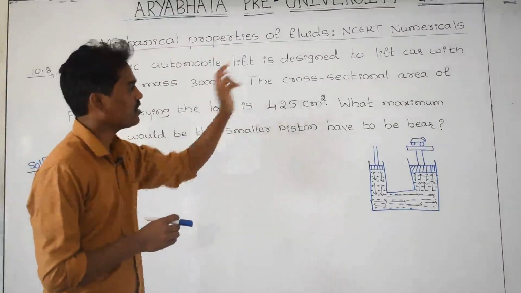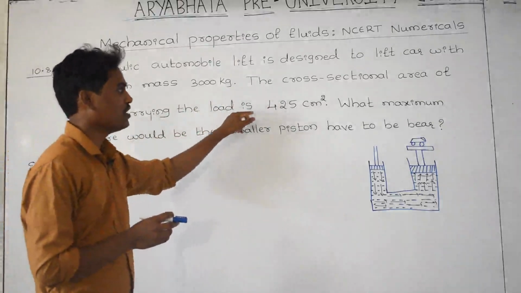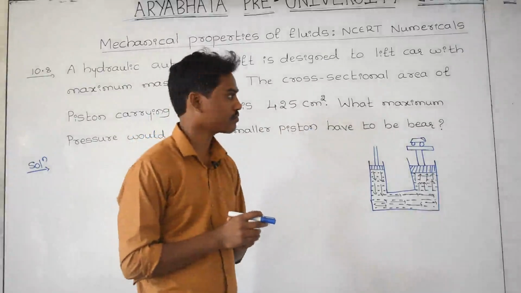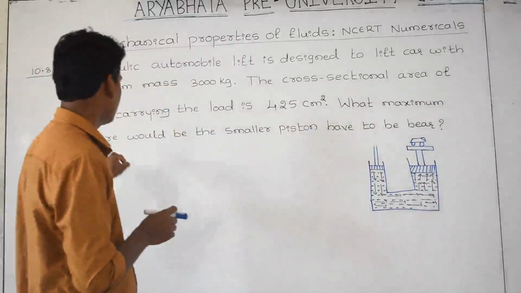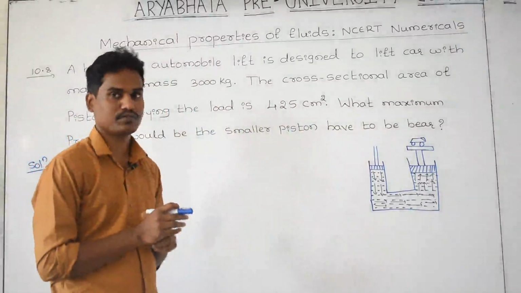The cross-sectional area of the piston carrying the load is 425 centimeter square. What maximum pressure would the smaller piston have to bear?